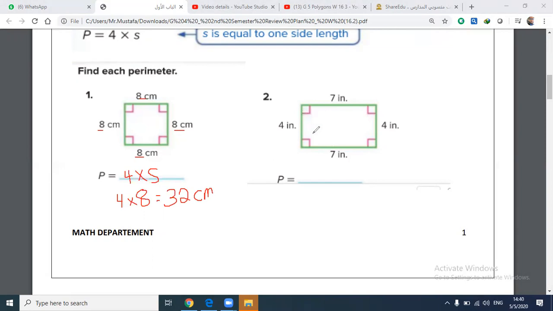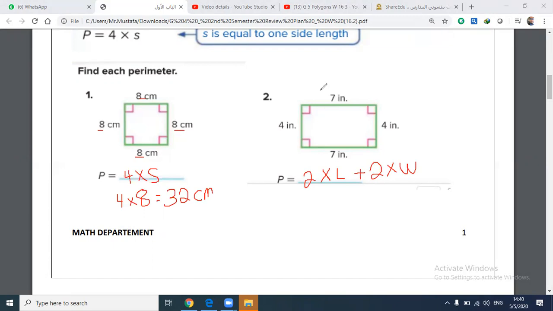Okay, here I have a rectangle. Learn how to use the formula of perimeter for the rectangle. Just twice the length, 2 times length, plus twice the width, 2 times width. You can consider which one is length.